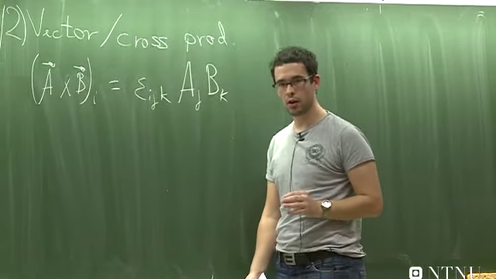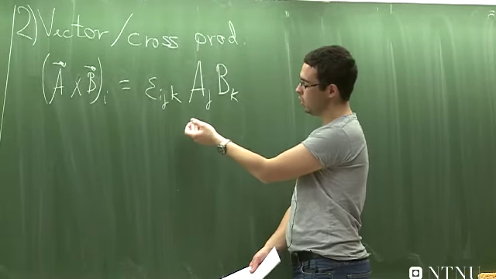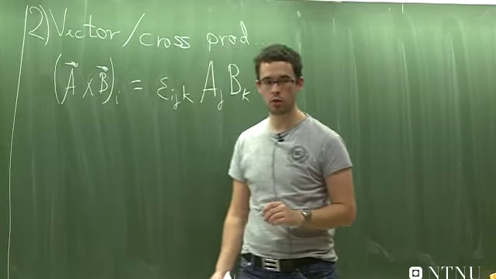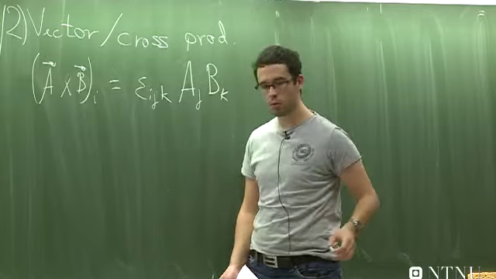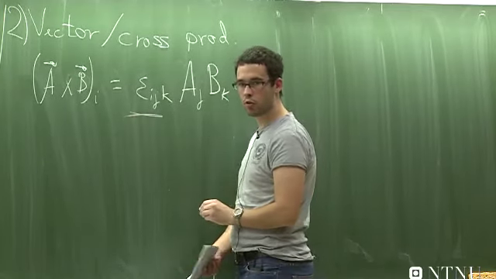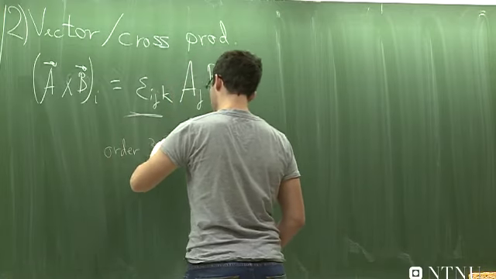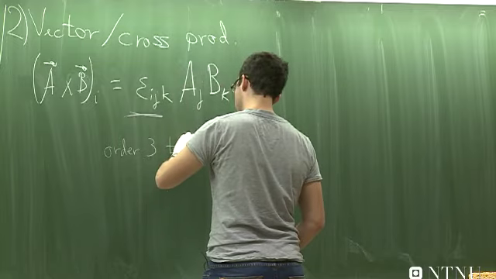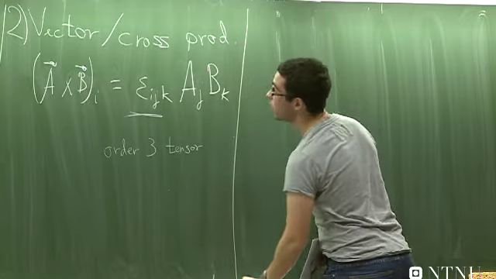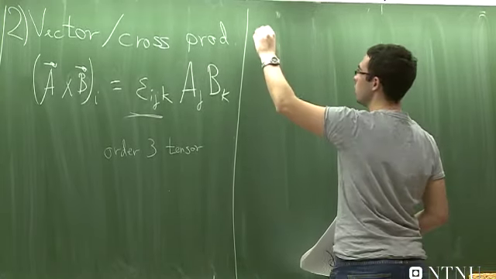It's not the dielectric constant, so this is just the permutation symbol or Levi-Civita symbol, which relates the components of A and B to the component of the cross product. And we went through this before, so I won't talk much about it. But this is actually an example of an order 3 tensor. So now you already see that tensors are very useful. The third type of product, which you might not have heard about, is the tensor product or outer product.